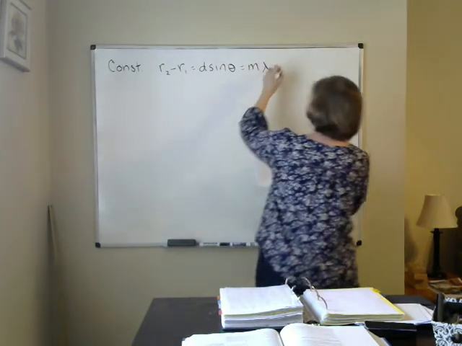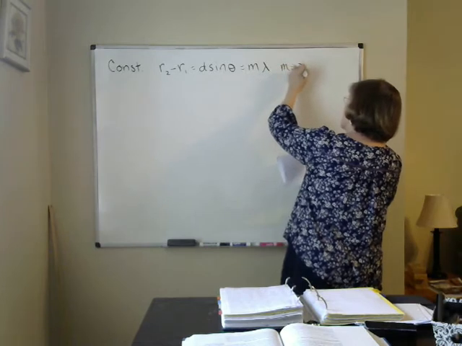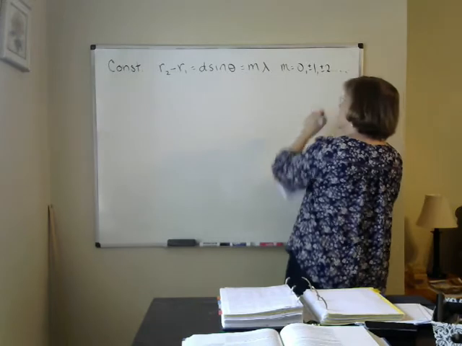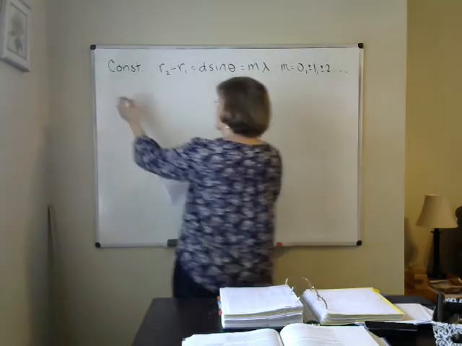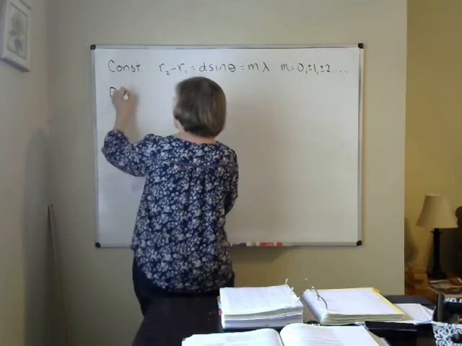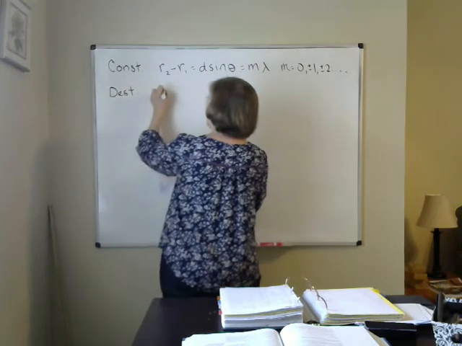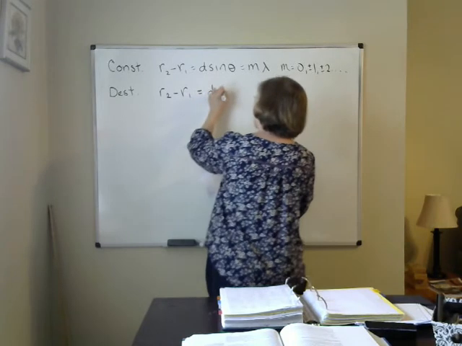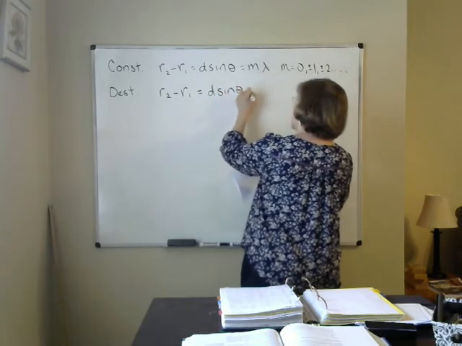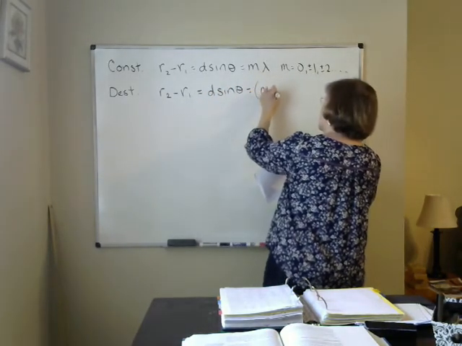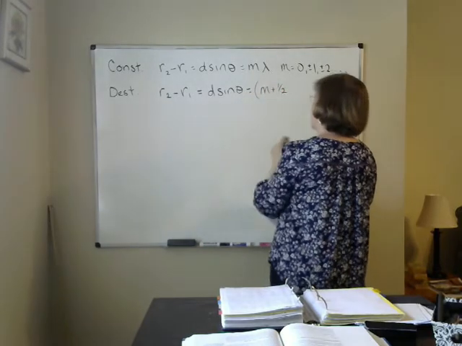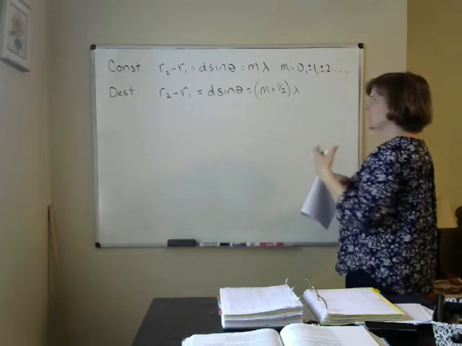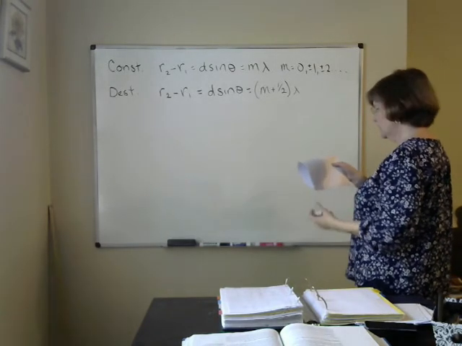We know m is equal to an integer, 0, plus or minus 1, plus or minus 2, etc. Or we get destructive interference when they arrive, and instead of being off by a whole number of wavelengths, they're off by an integer plus 1/2 of a wavelength. And again, m equals 0, plus or minus 1, plus or minus 2.